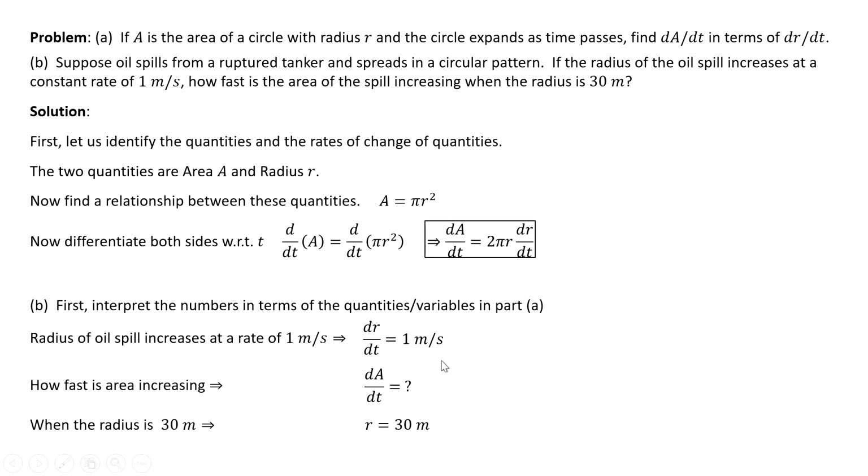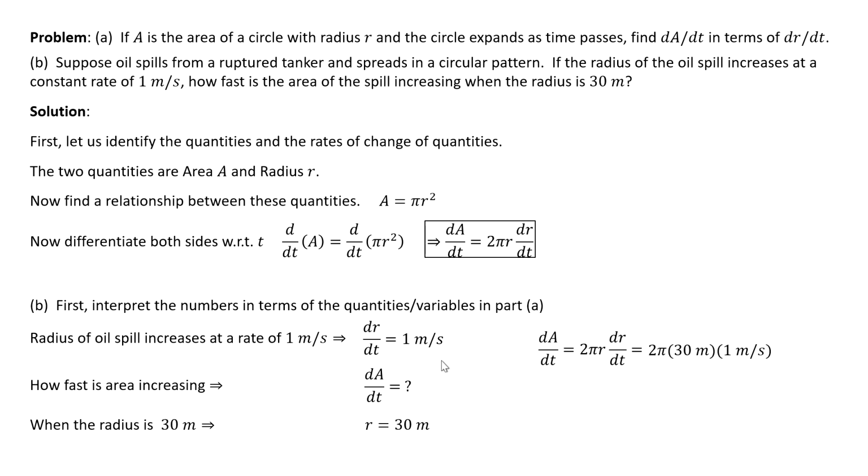Cool? The next thing we need to do is just plug and chug. dA/dt equals 2 pi r dr/dt. Plug the values: 2 pi times 30 meters and dr/dt is 1 meter per second. It used to be that I never wrote the units like that, but when I saw that people in physics make sure to write units, I saw the value of it.